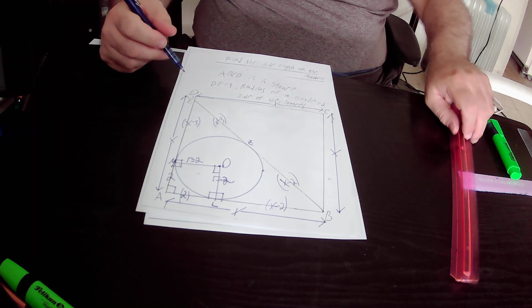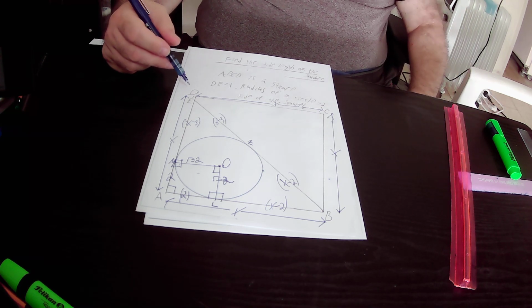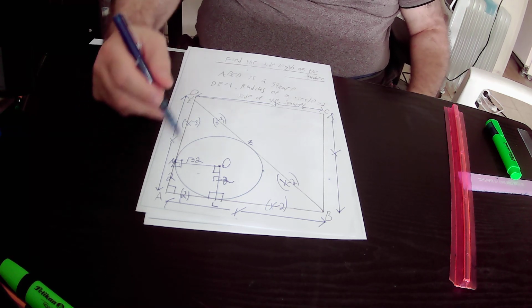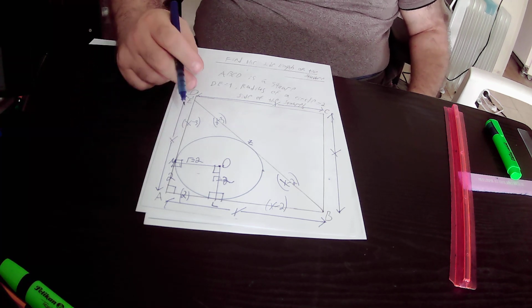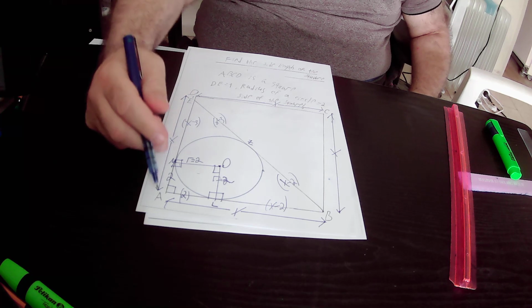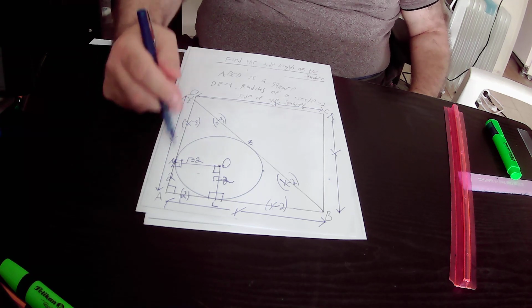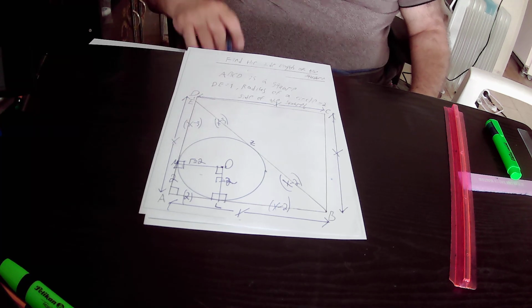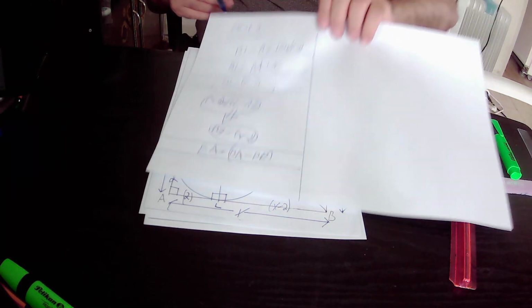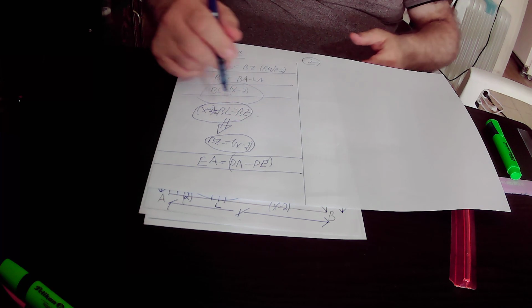From the drawing, it is very easy to see that the length of line segment EA is equal to DA minus DE.